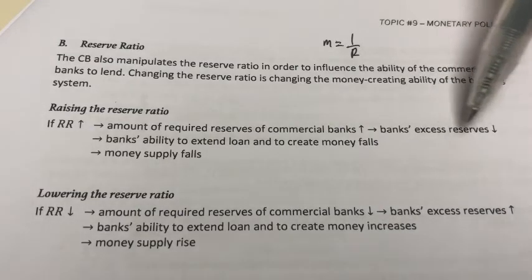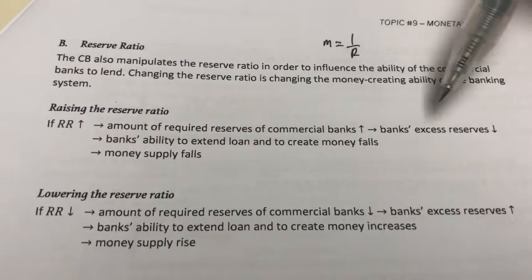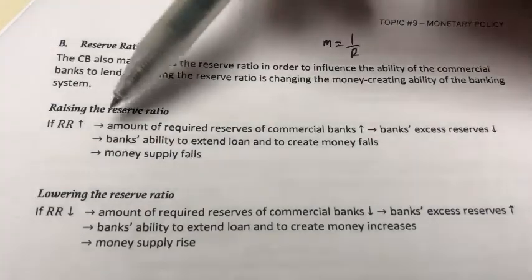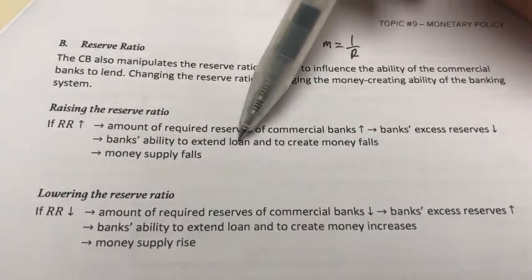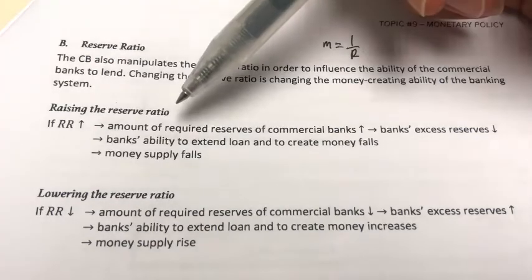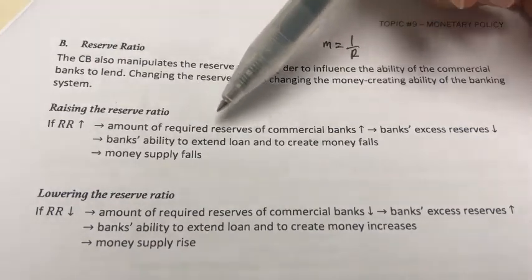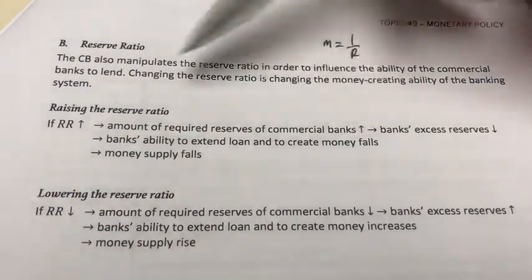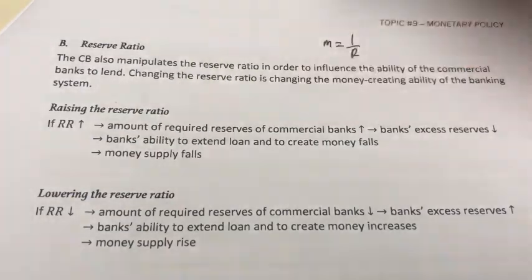Remember, excess reserves is basically related to the bank's lending ability, right? So the lower the bank's excess reserves, the bank's ability to extend loans will also fall. When banks aren't able to extend loans, it means they are not able to create money, and therefore money supply will fall.